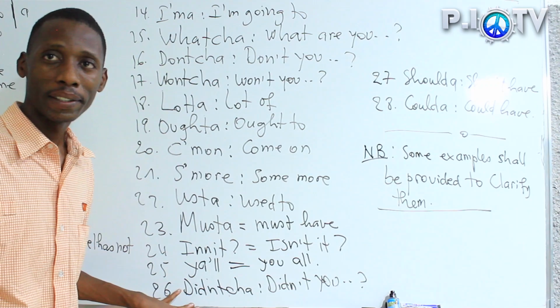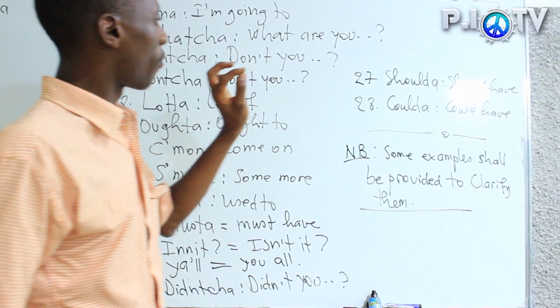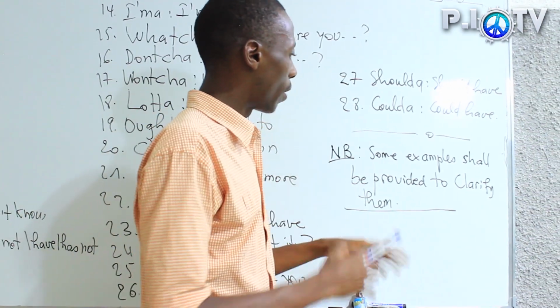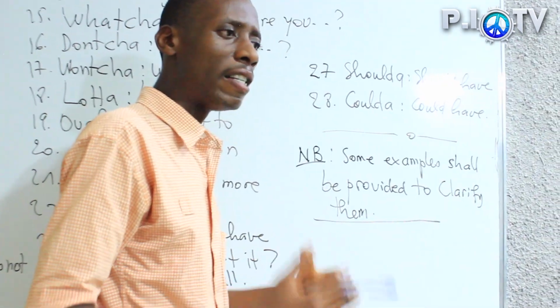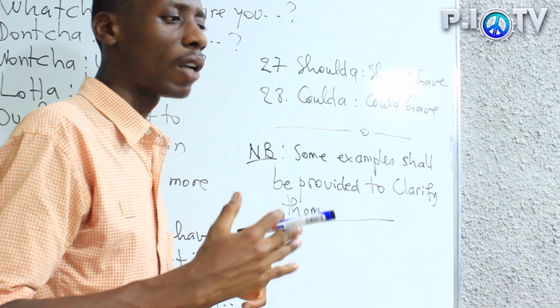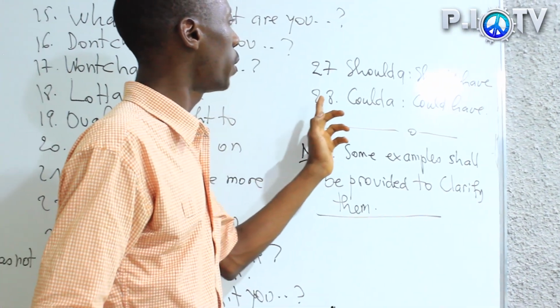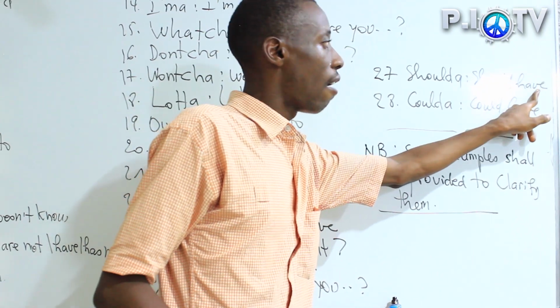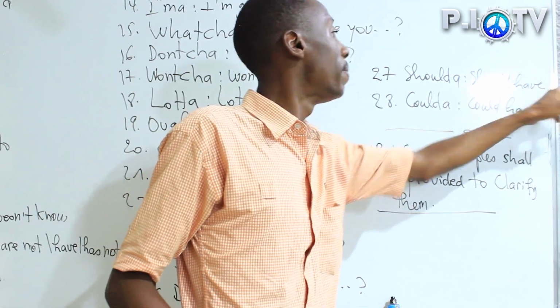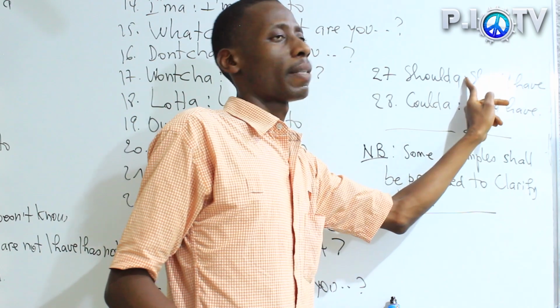My God. So to finalize, I told you that I'm really going to give you some examples in order to clarify so that we understand in further detail. Following, it's when we say "shoulda." Remember, we say should have plus the participle. Here you say shoulda plus past participle.